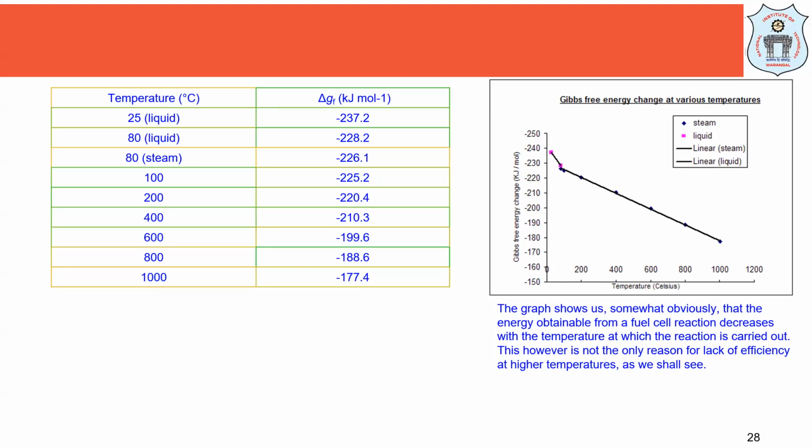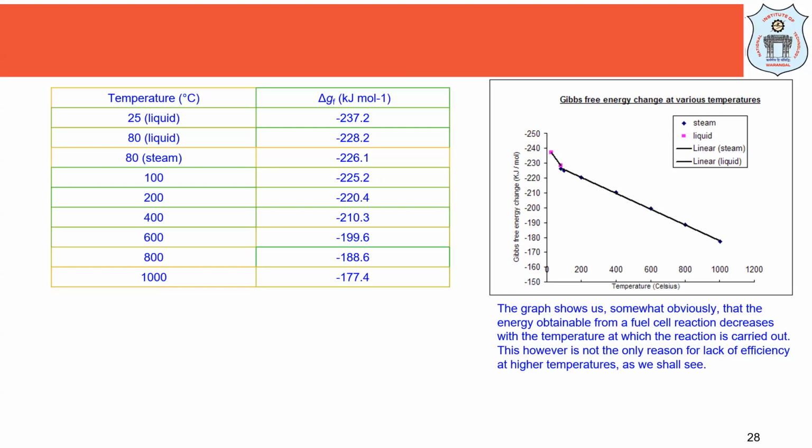This, however, is not the only reason for the lack of efficiency at high temperature, as we are going to discuss in detail with each type of fuel cell. We have data where the operating temperature is increased from 25 degrees to 1000 degrees Celsius, and you can see the delta GF value, the Gibbs free energy change, decreasing.